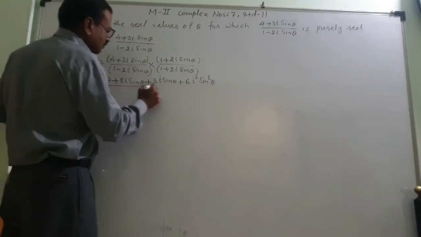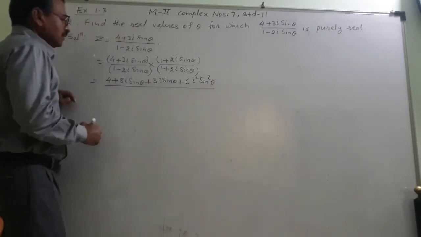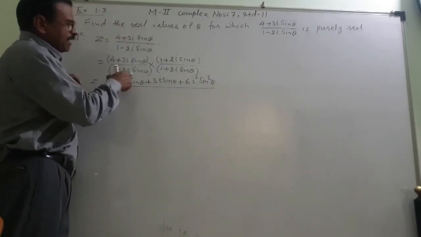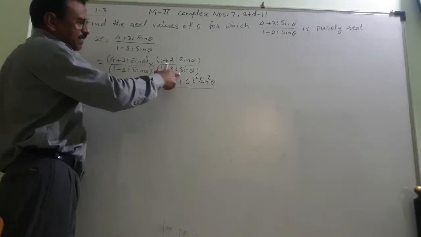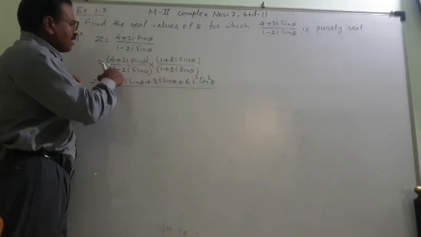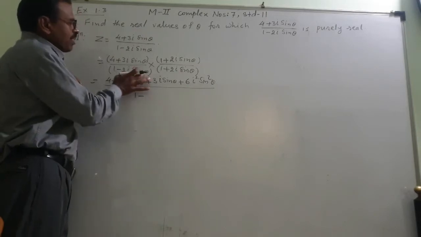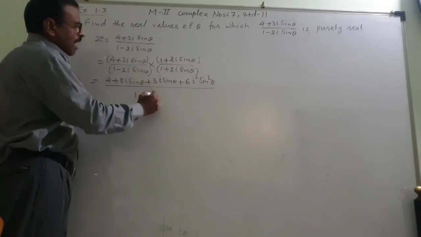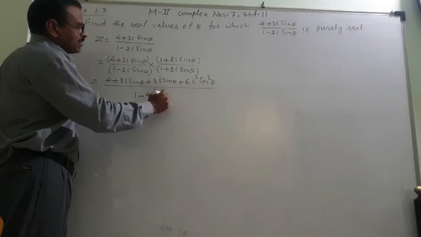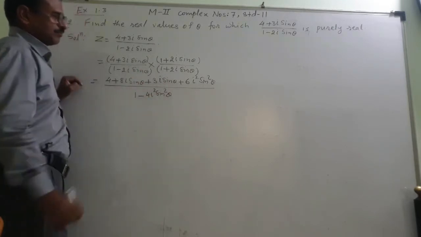Upon the denominator: a minus b, a plus b, a square minus b square, means 1 square is 1 minus 4 i square sin square theta.